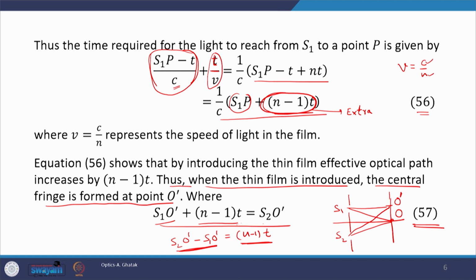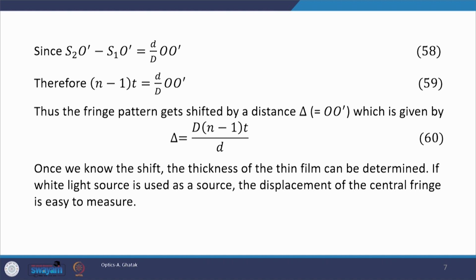Now, we know that S2O prime minus S1O prime is nothing but R2 minus R1 in the calculation of Young's double slit experiment, if you remember. There R2 minus R1 is equal to small d by capital D into y, and what is y here? O prime. Therefore, from our knowledge of Young's double slit experiment, we can write S2O prime minus S1O prime is equal to small d by capital D into O prime.